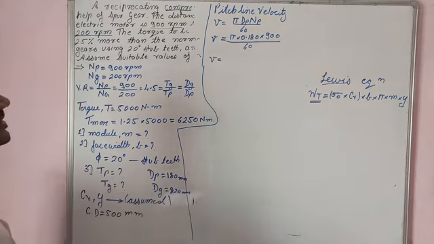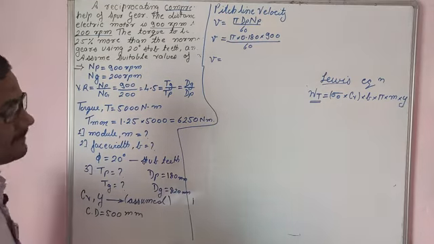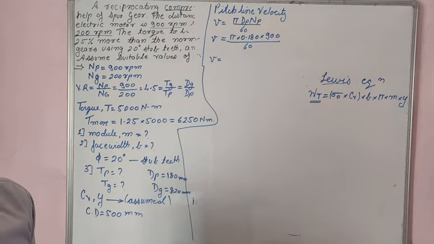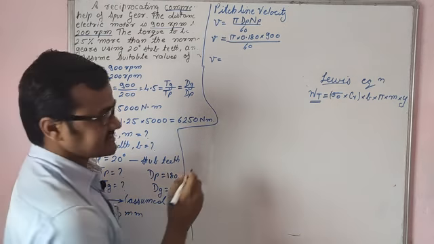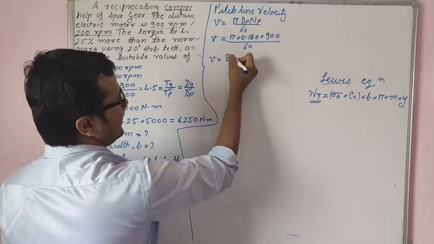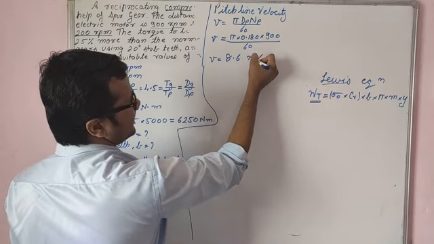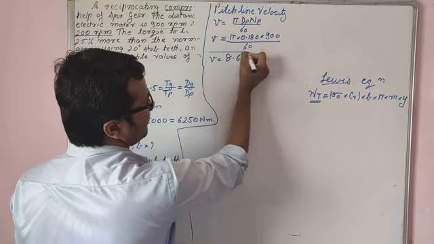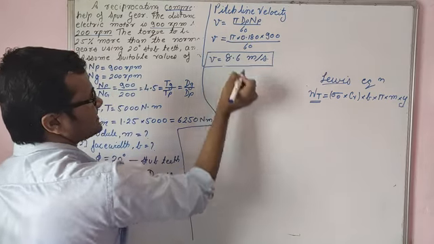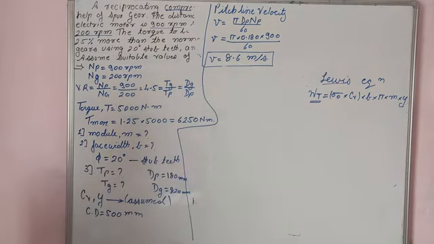We get pitch line velocity as 8.6 meter per second. We have pitch line velocity as this much.